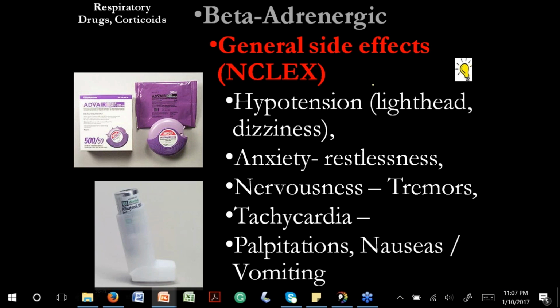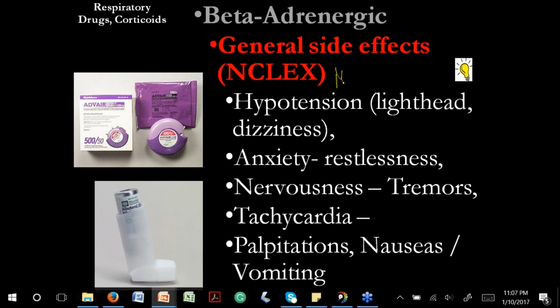All right, so we have the methylxanthines that I need to mention here. Methylxanthines are bronchodilators. We have anticholinergics, we have beta-2 agonists, and we have methylxanthines. I'm going to write it down here.